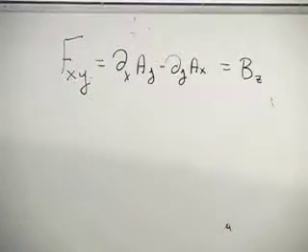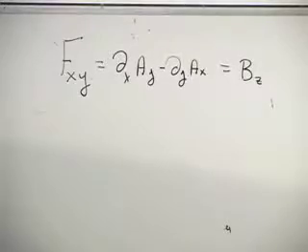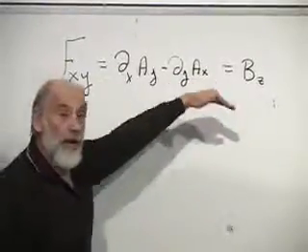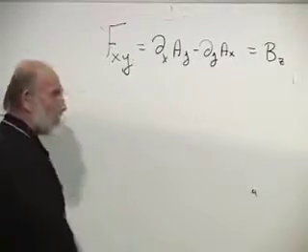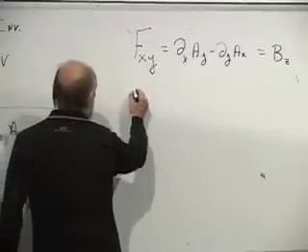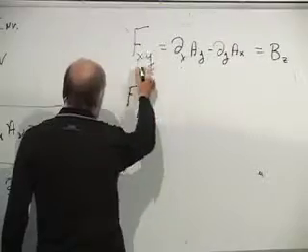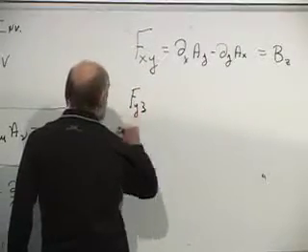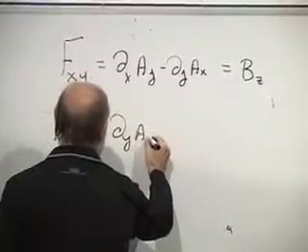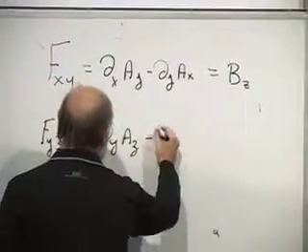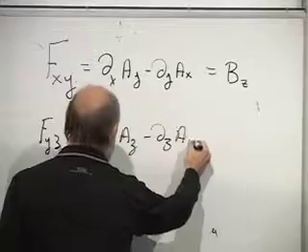To get the other ones, you just cycle again: x to y, y to z, z back to x. So Fyz is equal to dy Az minus dz Ay.